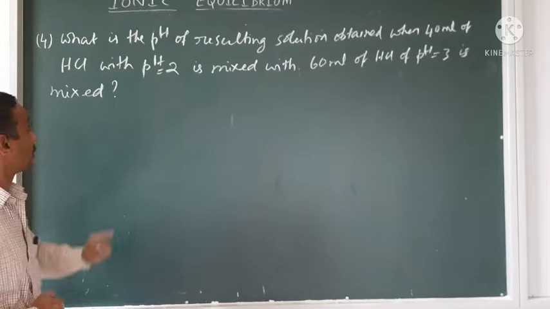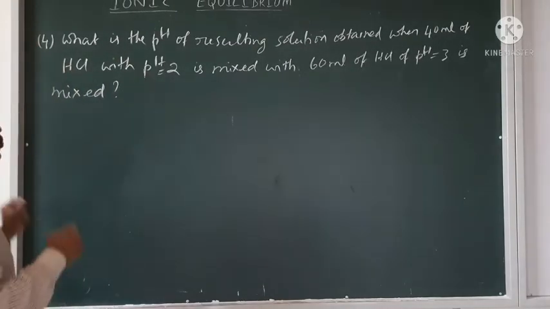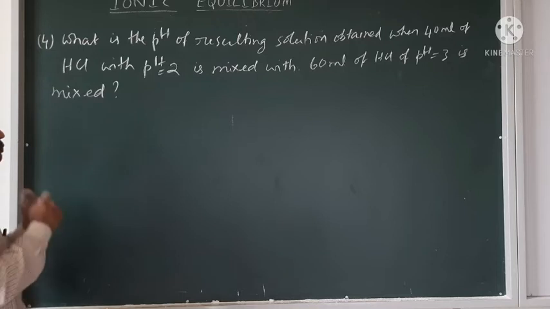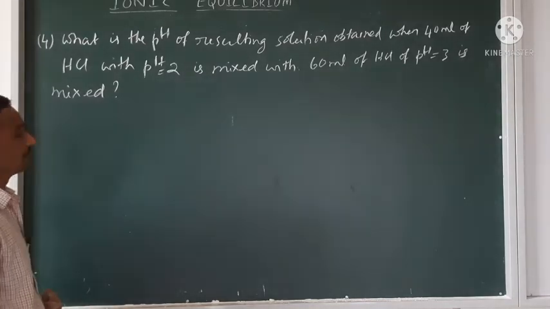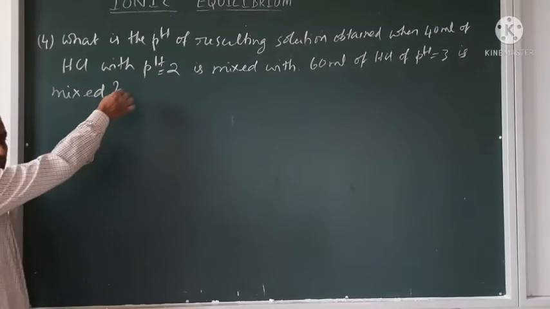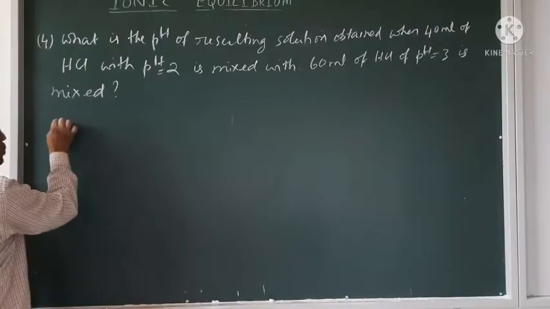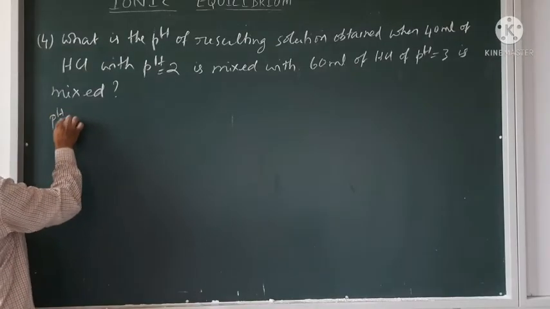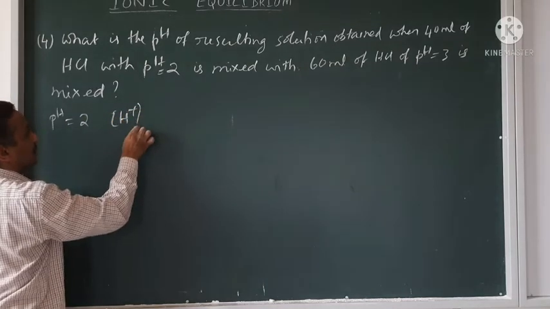Now see the next problem. What is the pH of the resulting solution obtained when 40 ml of HCl with pH 2 is mixed with 60 ml of HCl of pH 3? Already one problem I worked out, so in that manner only. When pH 2 is there, what is the H plus concentration?